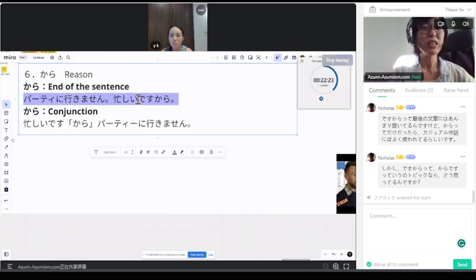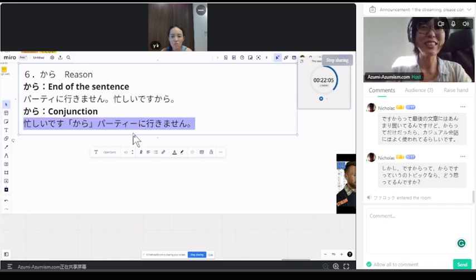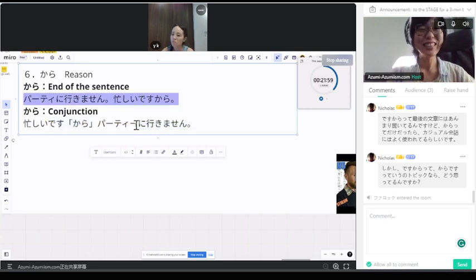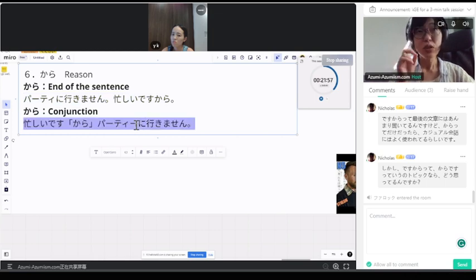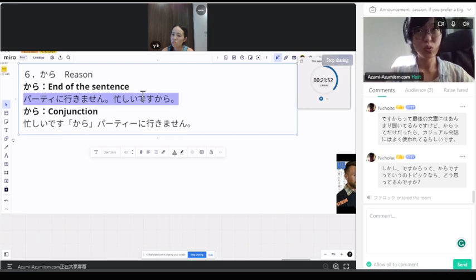But the implication is here: パーティーに行きません。忙しいですから。And the learners only have this way of using it. For example, on HelloTalk, a lot of people correct 忙しいですからパーティーに行きません, because they think this is a wrong sentence, since in the text we definitely do not choose to write this way, right?